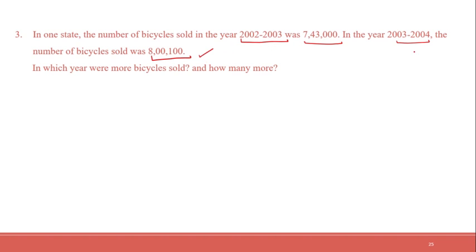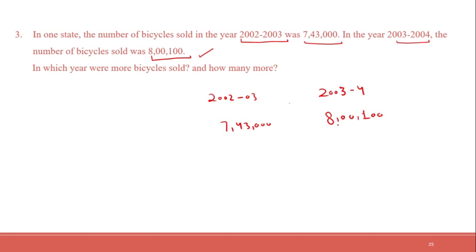It is in the year 2003 to 4, because in 2003 to 4, bicycles sold were 8 lakh 100, and in 2002 to 3 it is 7 lakh 43,000.